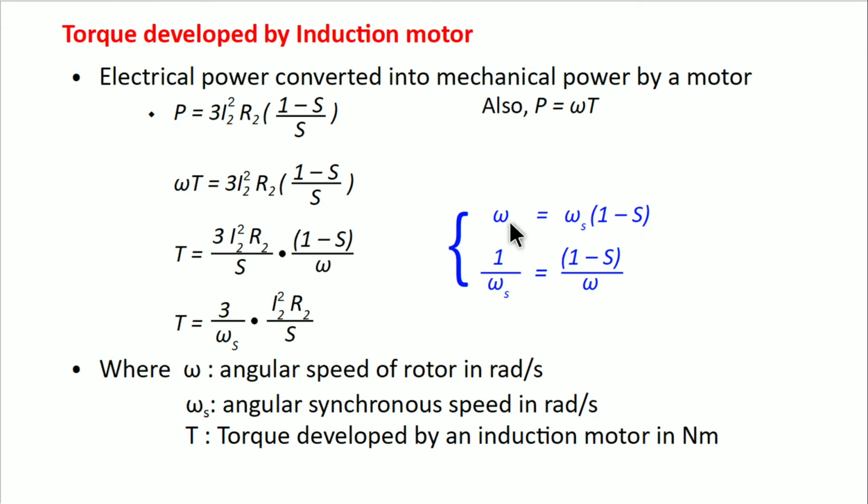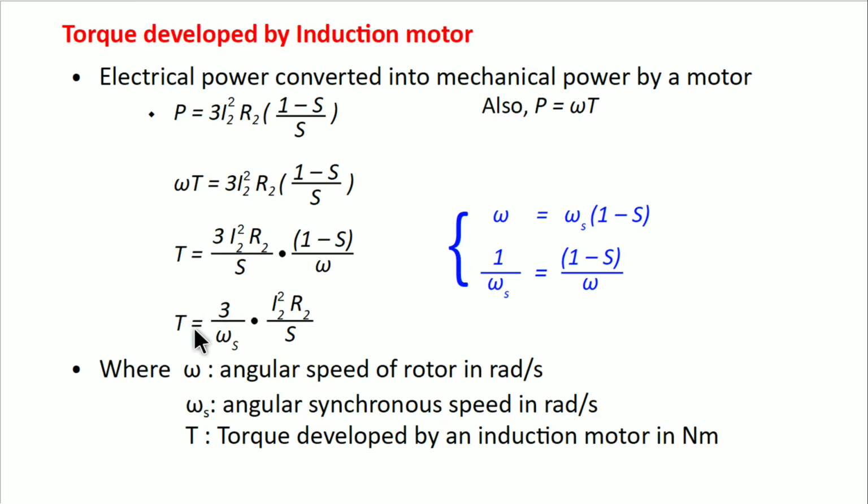Now, omega is given by the equation omega is equal to omega S into (1 minus S), where omega S is the synchronous speed in radians per second and omega is the angular speed in radians per second. From these two, we can write 1 over omega S is equal to (1 minus S) over omega. Now this term (1 minus S) over omega is replaced by 1 over omega S.